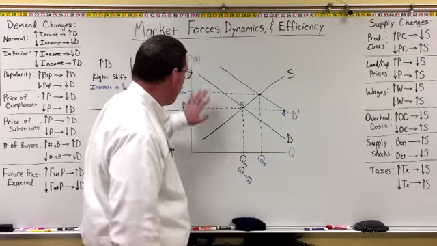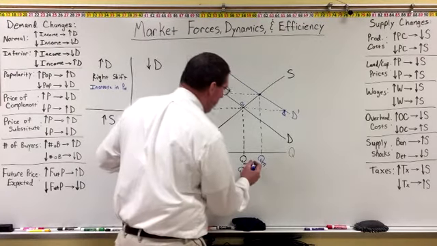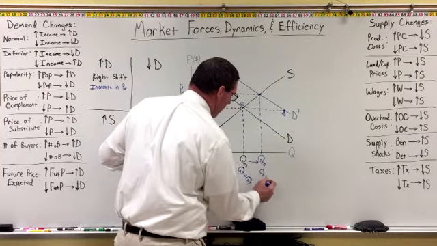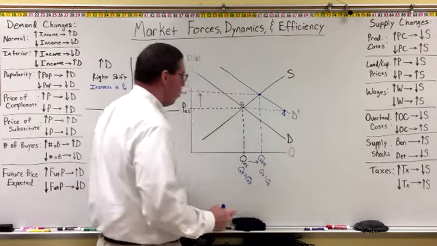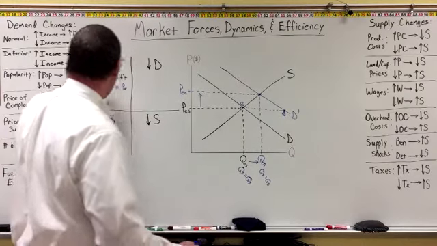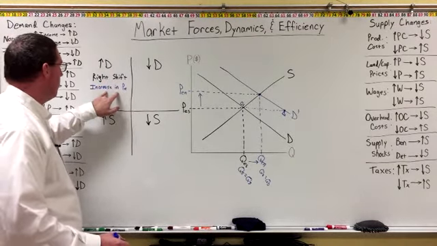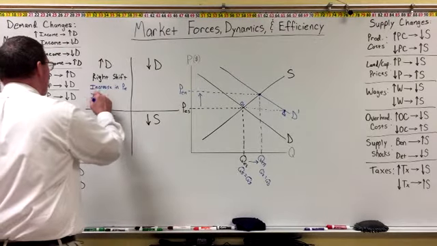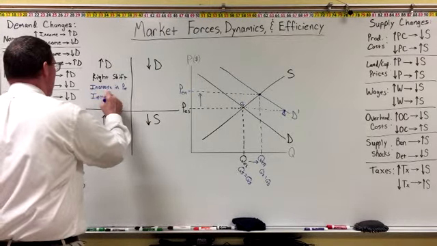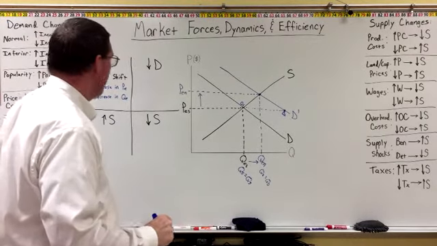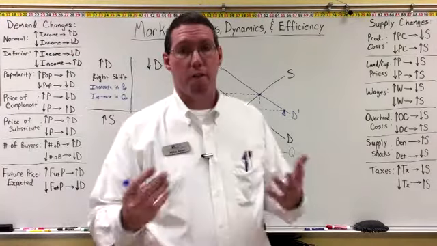But now that the price has gone up, we are going to have an increase in quantity supplied and an increase in quantity demanded. And so when we have a rightward shift of the demand curve, we're going to have an increase in equilibrium price, and we're also going to have an increase in equilibrium quantity. Okay? And so that is our first situation.